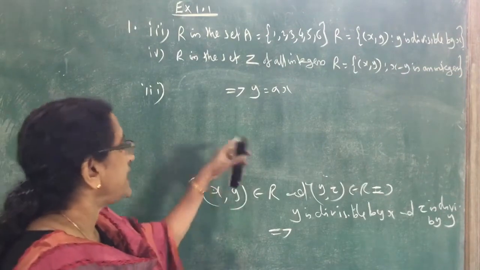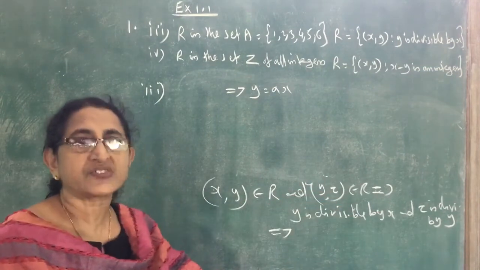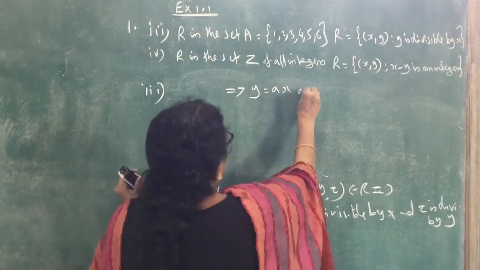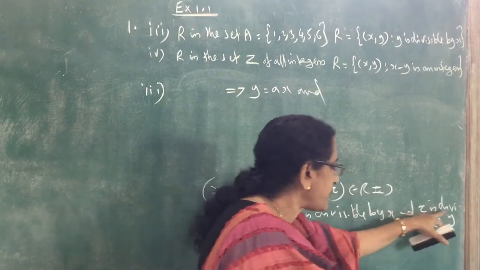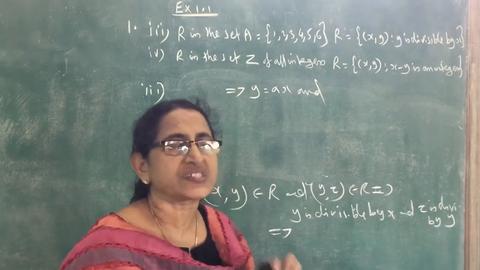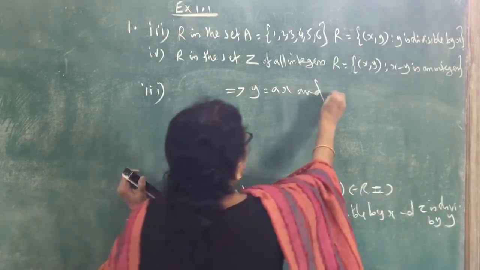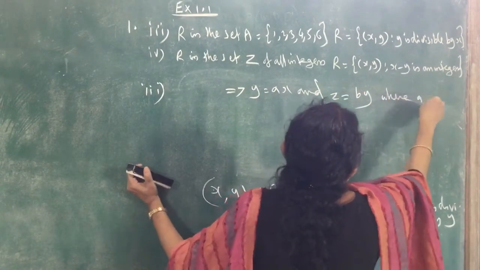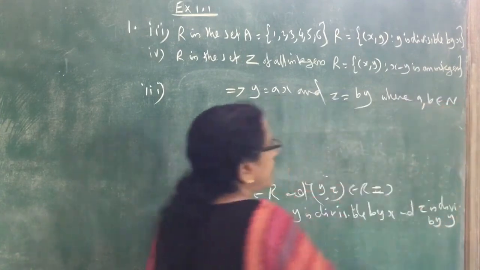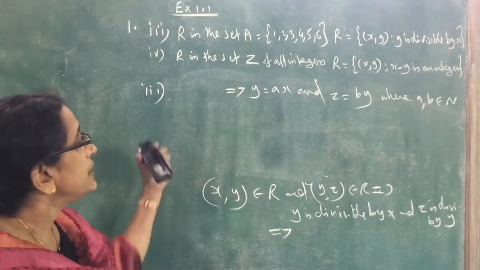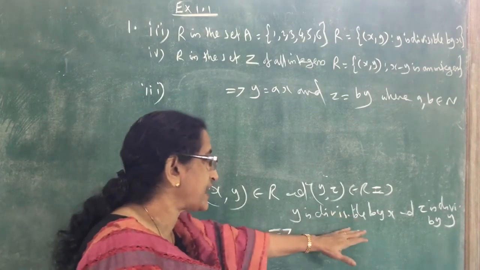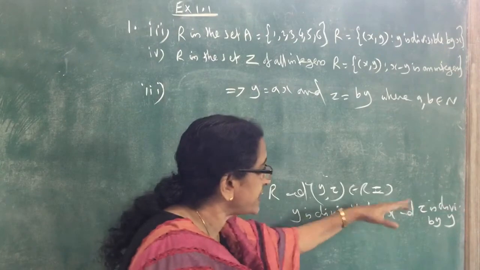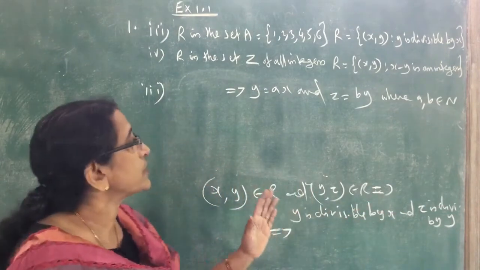Here y is divisible by x, that means y equals some number into x, so y equals ax. And z is divisible by y, so z equals some b into y, where a, b are elements of the set of natural numbers.